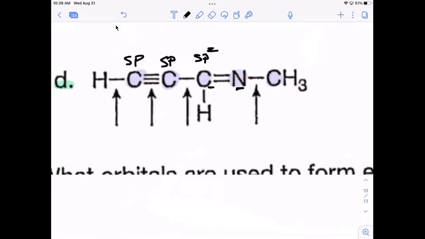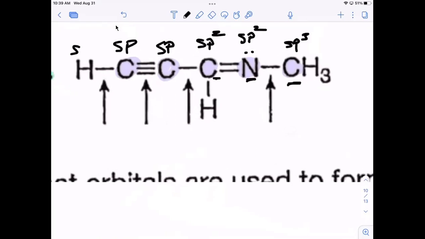What about the nitrogen? It has a lone pair, by the way, just not shown. It has a double bond to it. Did you say sp2? Good. What about the carbon here, the CH3? sp3. And then we know that this is s, right? It's just one s, a 1s orbital. It's not hybridized.